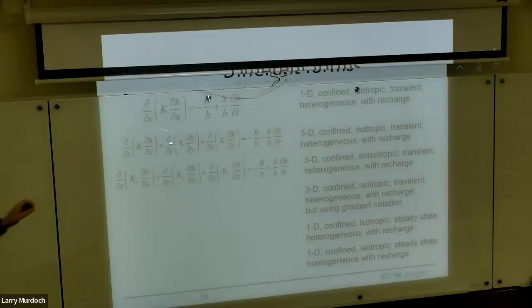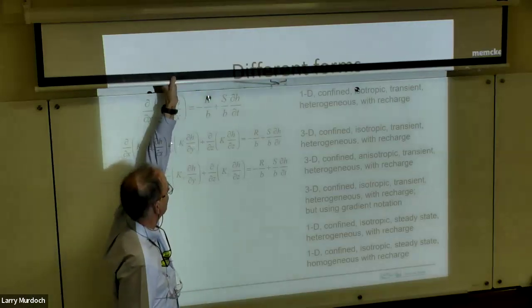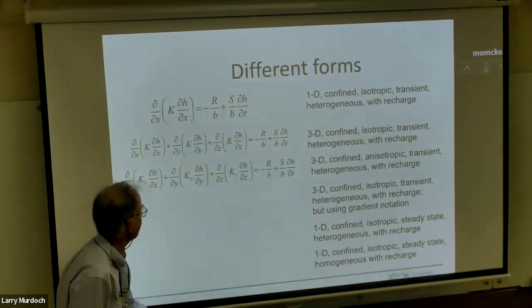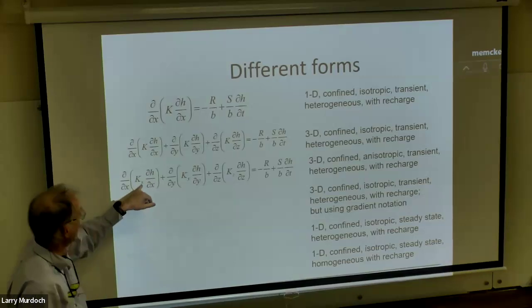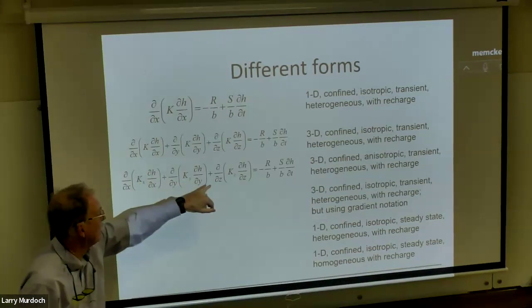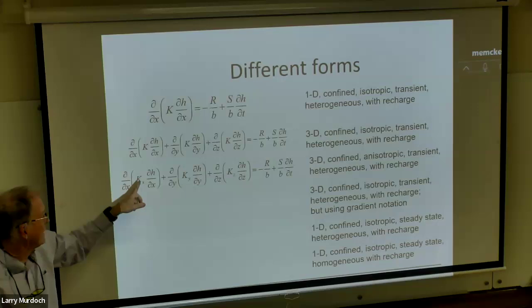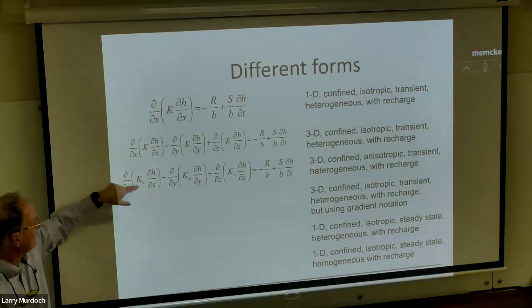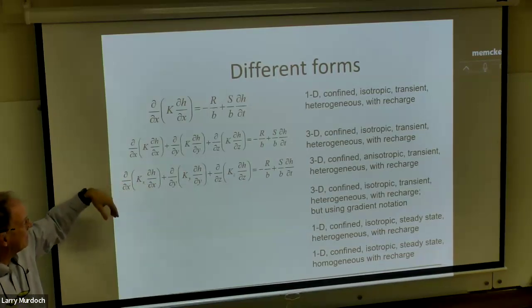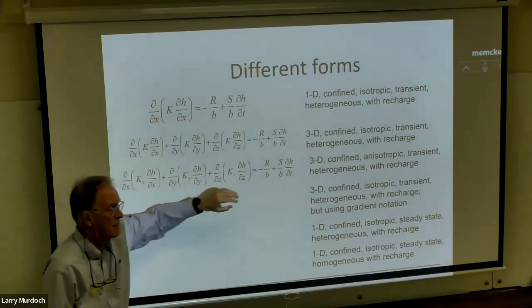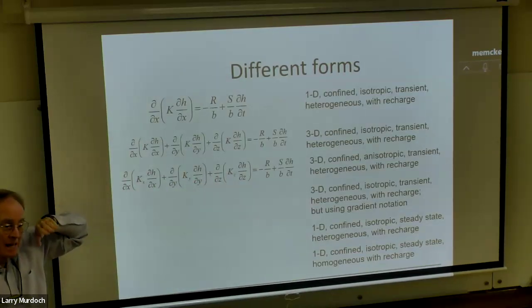Okay, so now let's see if we can pull this down. I have subscripts here, X, Y, and Z. That means this is the conductivity in the X direction, and Y direction and Z direction. So that means that the conductivity has a direction.